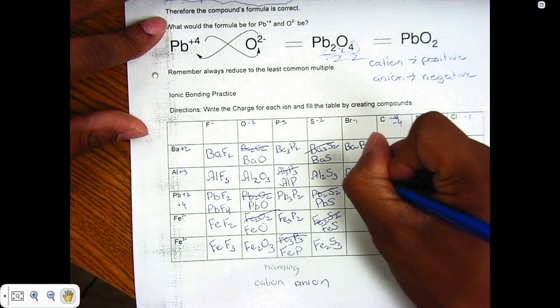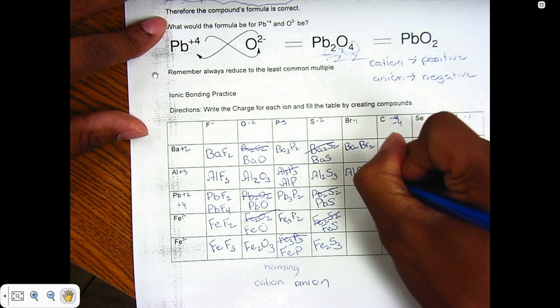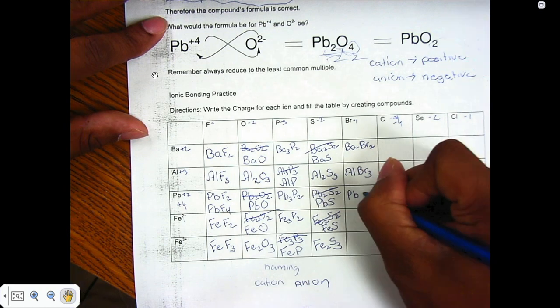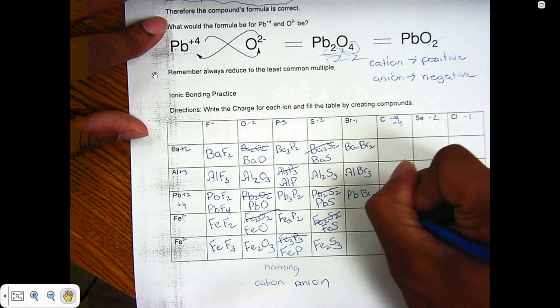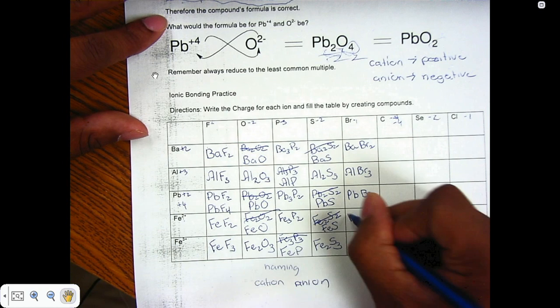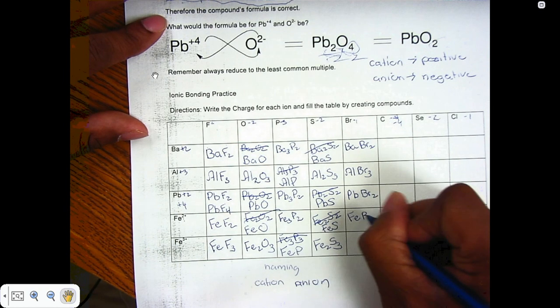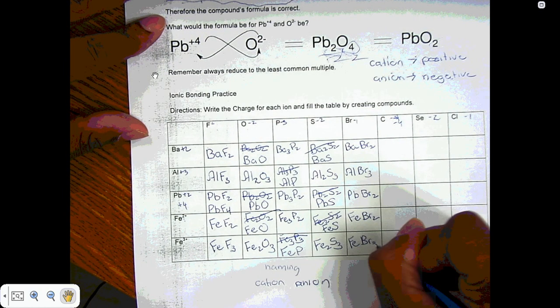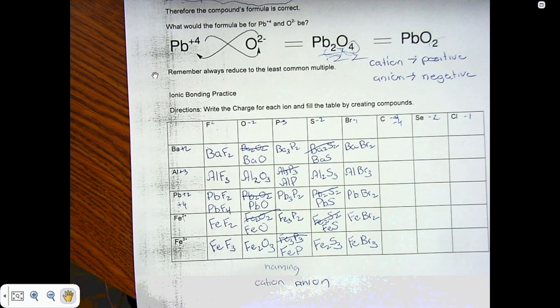So aluminum bromide, lead 2 bromide, iron 2 bromide, iron 3 bromide. And so with the crisscross method, all you're doing is crossing the numbers.